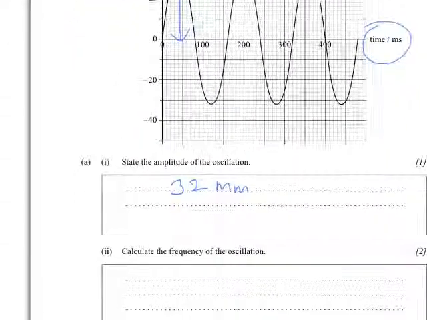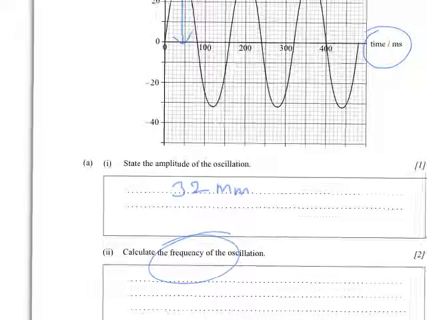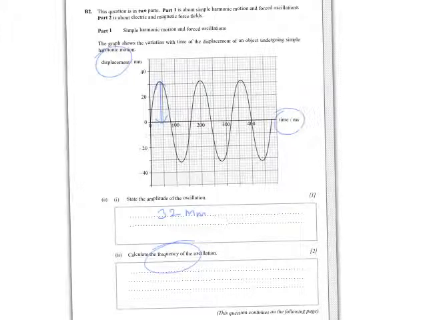Question 2, state the frequency of the oscillation. If I make this smaller so we can see, we have time on the x-axis, and as you know, frequency is 1 over the period, and the period appears to be, if we look from there to there, that's the period. Okay, the period is here.